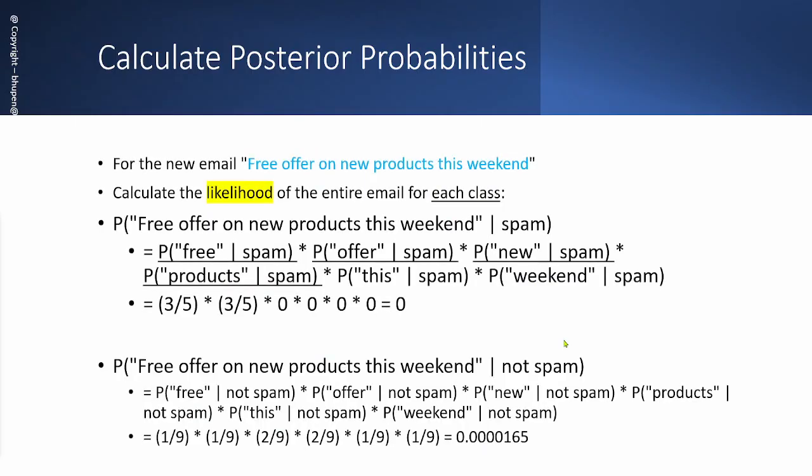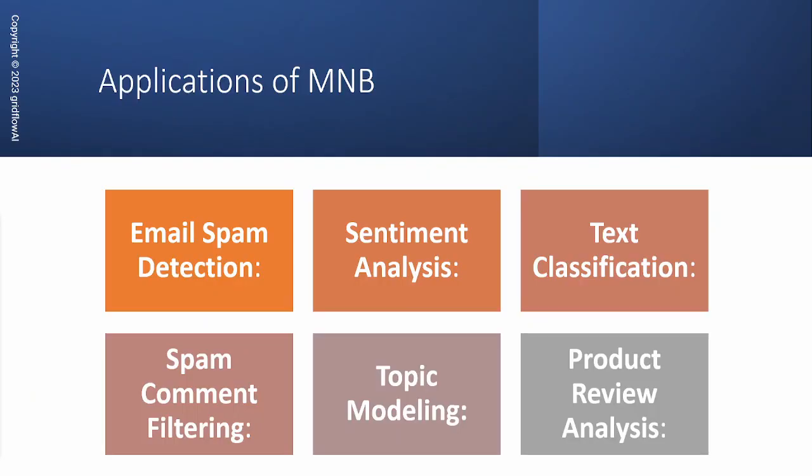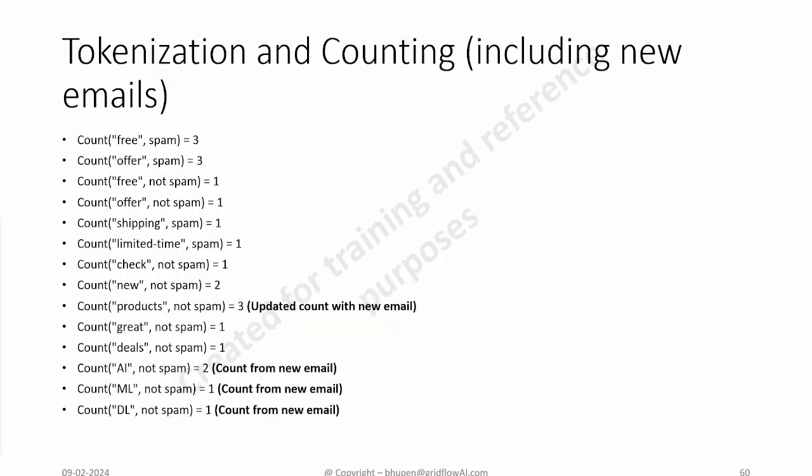But now with the arrival of new data set, essentially the count is going to be 3. So now you notice here the product token is now 3 updated with the new email, and rest of the frequencies and the count remain the same. I've just highlighted one token so we understand the nuances of how the out of core learning is possible.